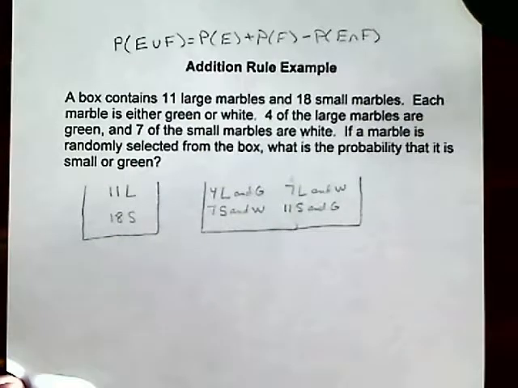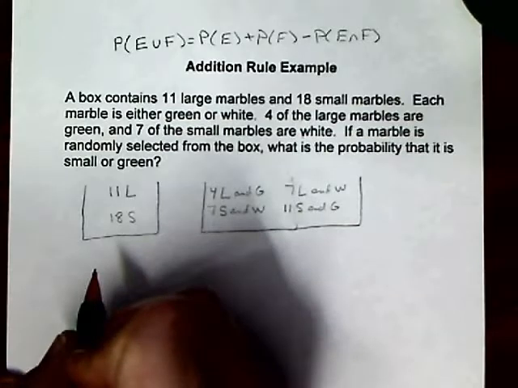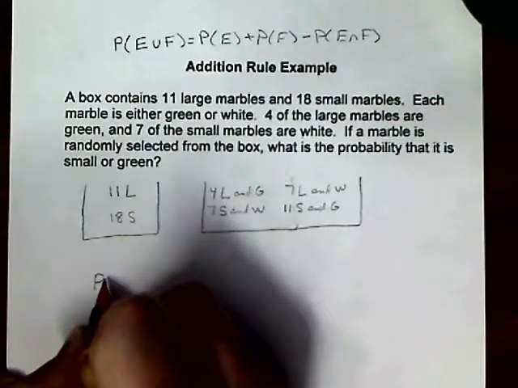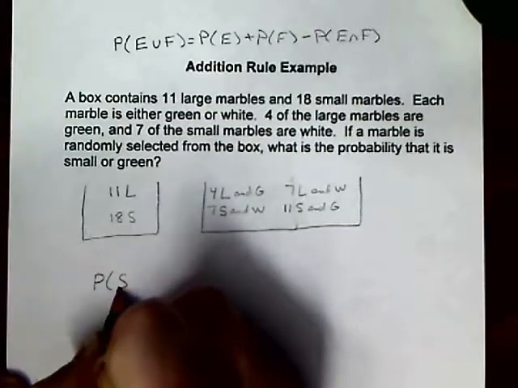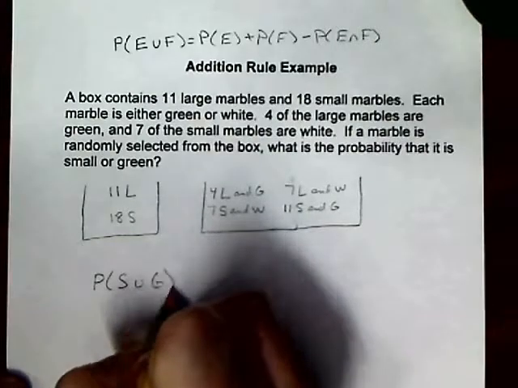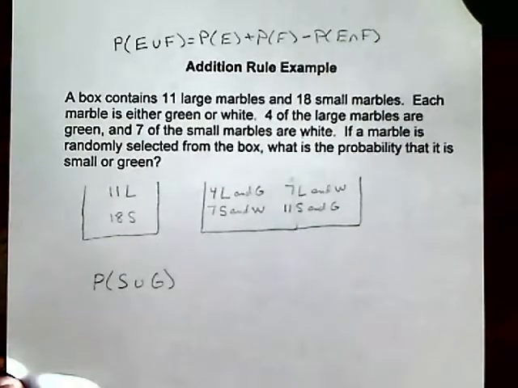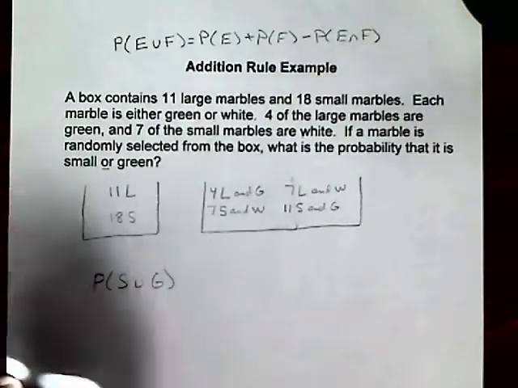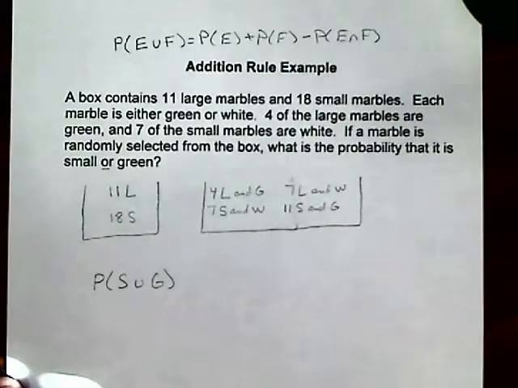Now, if a marble is randomly selected from the box, what is the chance that it is small or green? So I'm after the probability that it is small or green. You've picked up on the fact that union usually goes along with the or between two events, an inclusive or.